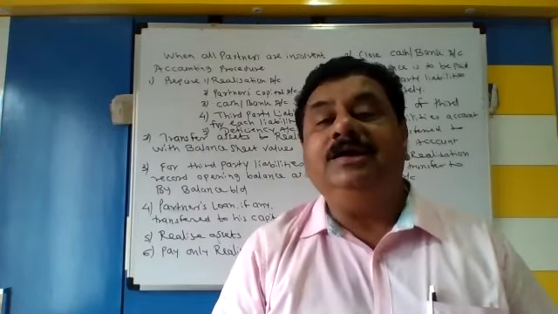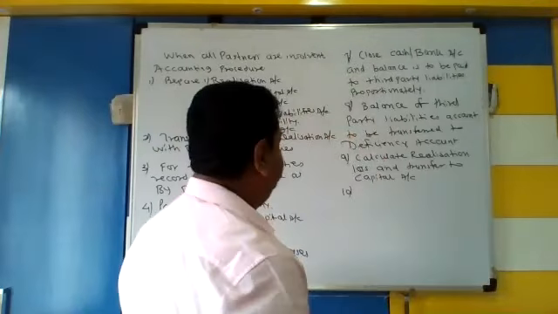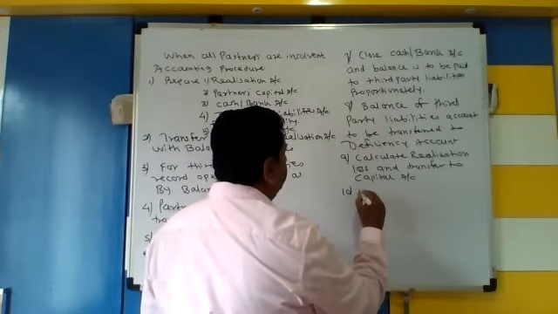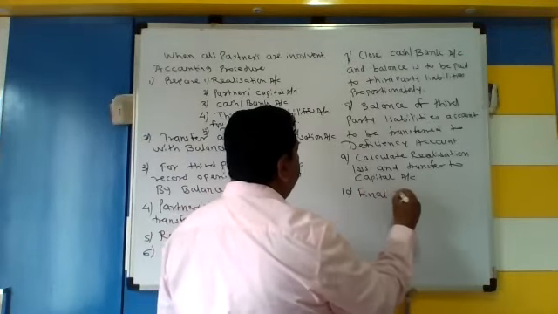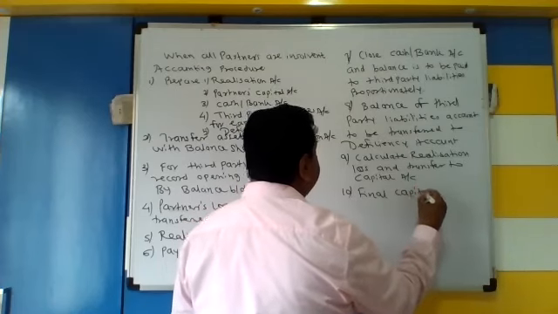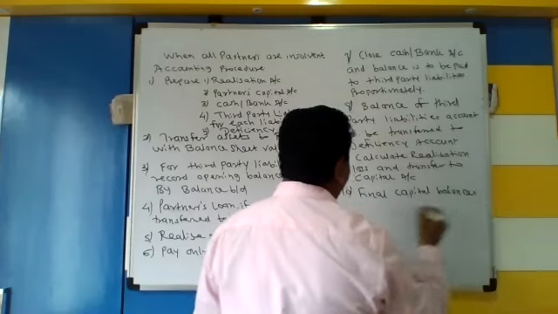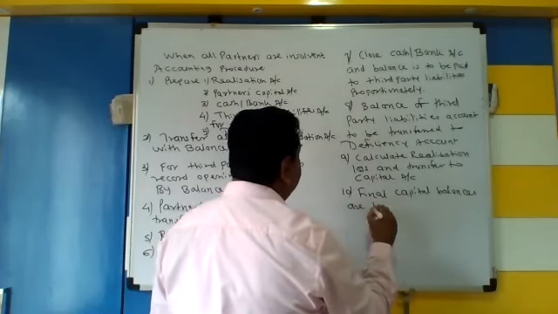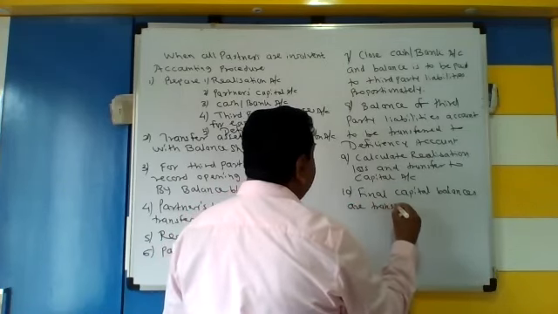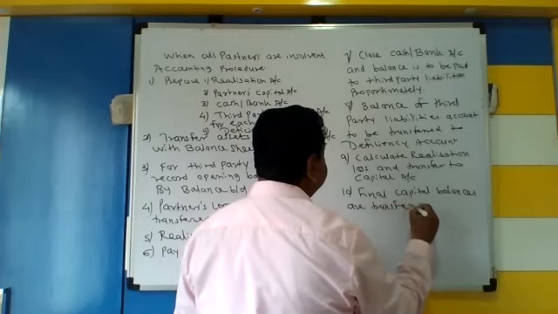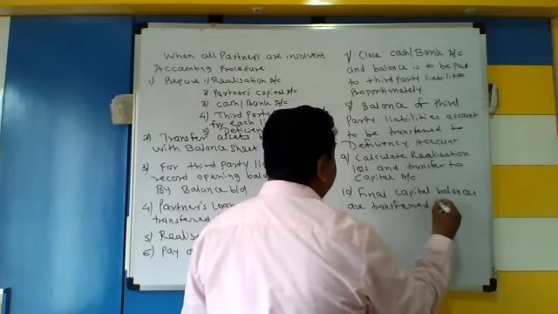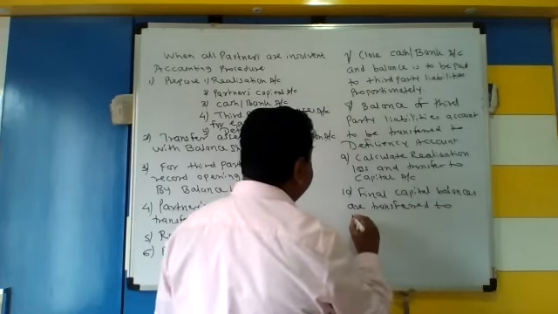और finally क्या करना है? Last step. Final capital balances are transferred to deficiency account.